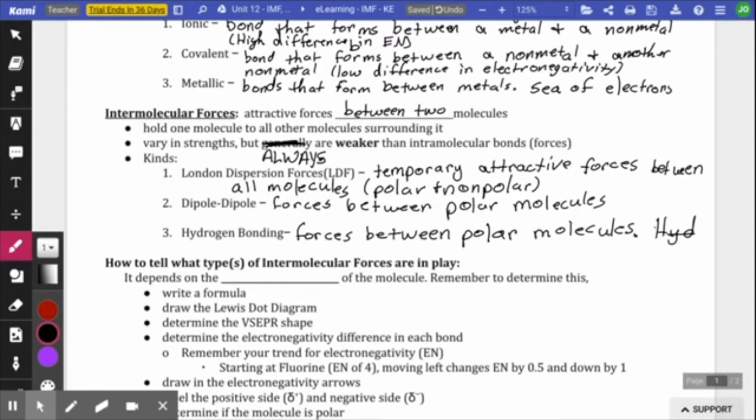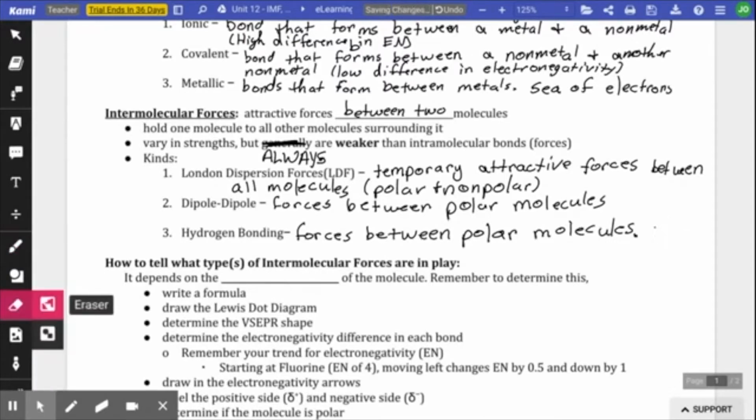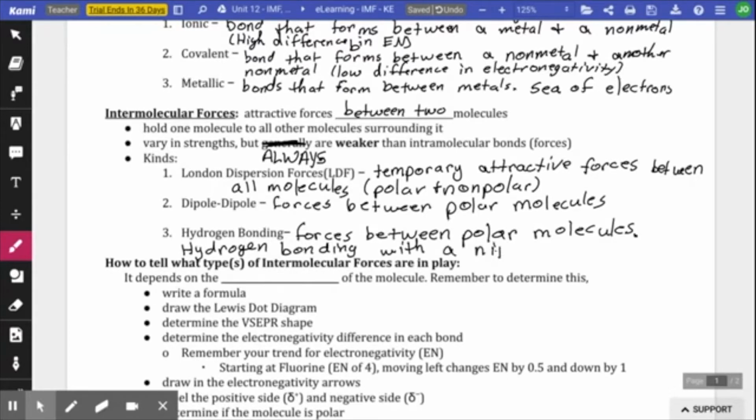Let me erase that and write it down here. It is a hydrogen bonded with a nitrogen, oxygen, or fluorine.